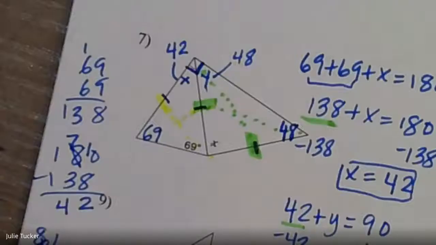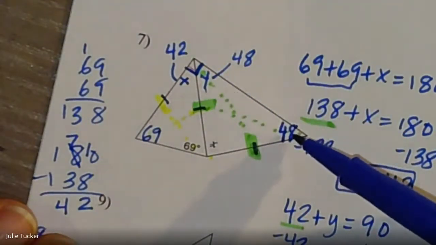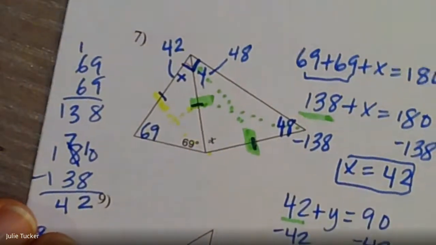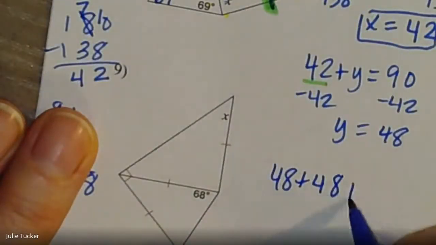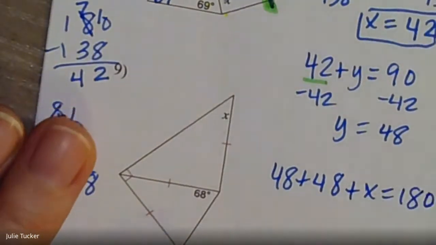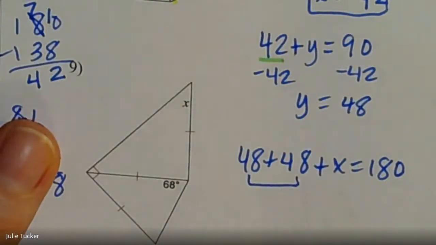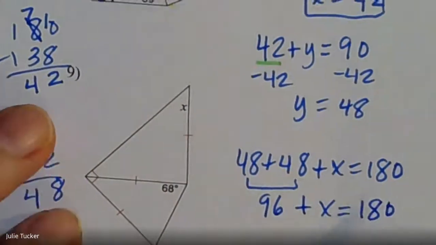So now last step, I've got 48 plus 48 plus this one equals 180. Okay? So one equation. 48 plus 48 plus x equals 180. Now if I add 48 plus 48, I get 96. 96 plus x is 180. Subtract that.